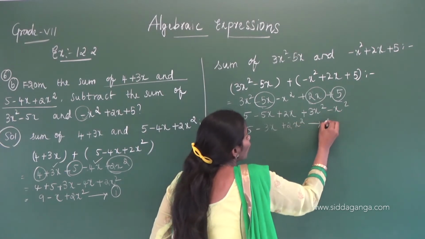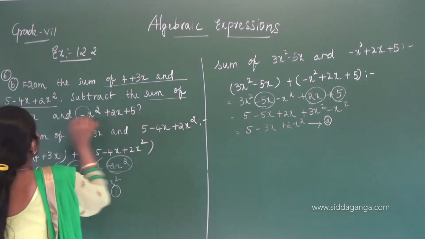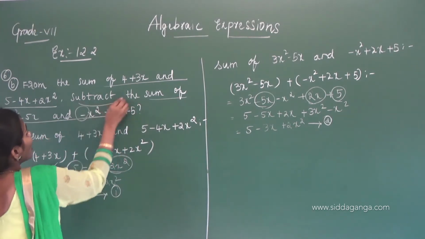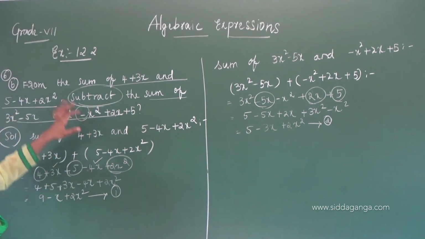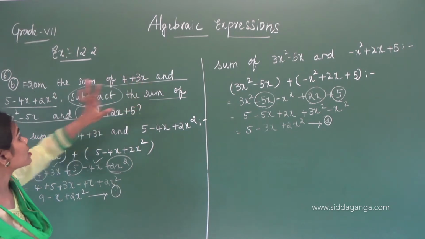This is expression 2. What they told us is to do the sum of these two expressions, and then subtract the sum of this and this.